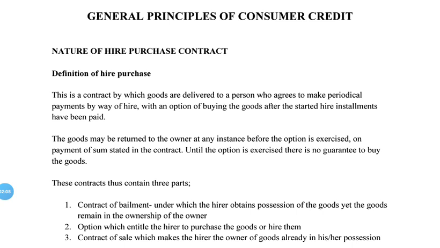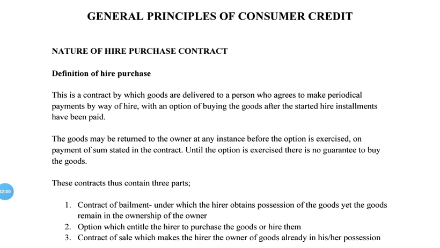So what we do is that you are given an option to purchase the goods. The goods may be returned to the owner at any instance before the option is exercised, on payment of the sum stated in the contract. Until the option is exercised, there is no guarantee to buy the goods.